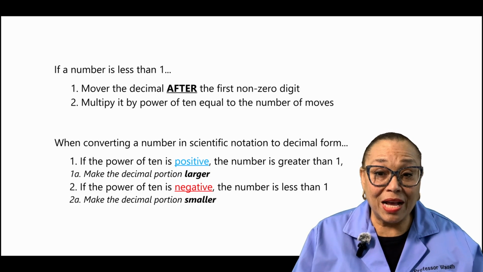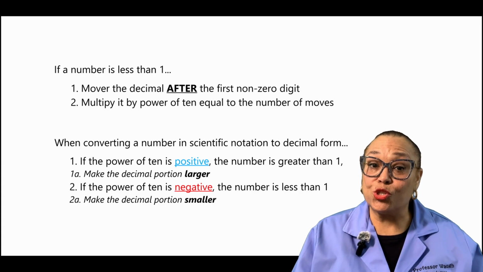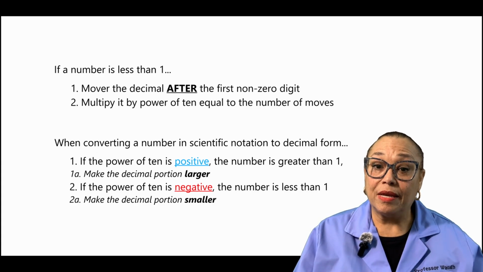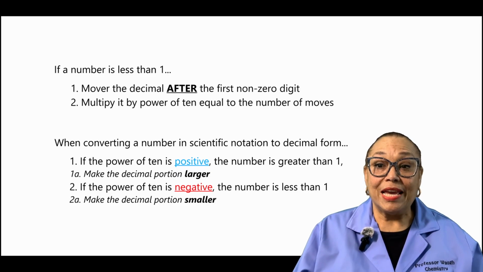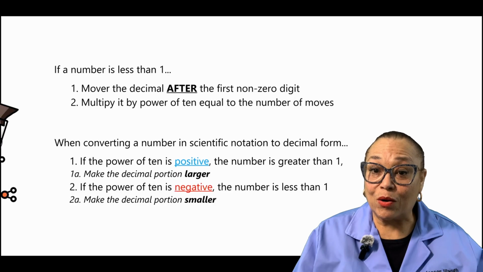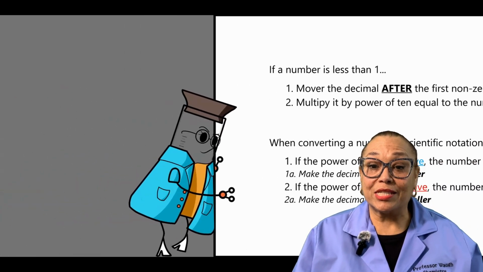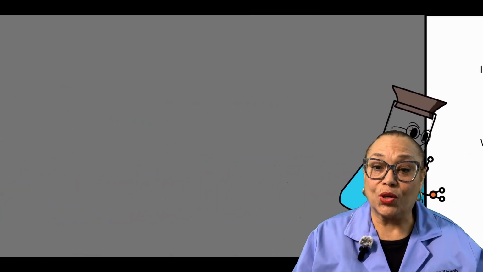If there is a positive power of 10, make sure the decimal portion is larger than 1. Conversely, if there is a negative power of 10, make sure the decimal portion is smaller than 1.